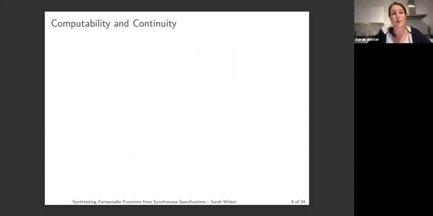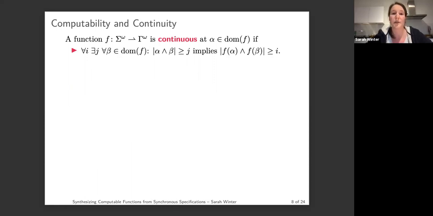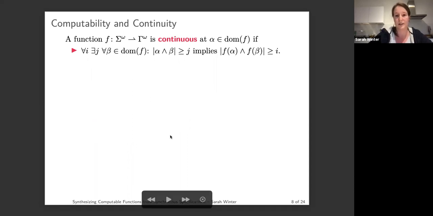And now this notion of computability is closely related to continuity, the mathematical notion, which is defined in the usual way with the Cantor distance and convergence. In the particular case that we have functions from infinite words to infinite words, we can also express it like this. A function is continuous at an input value alpha from the domain if whenever we take words that share longer and longer prefixes with our input alpha, then the function values of these words also share longer and longer prefixes.